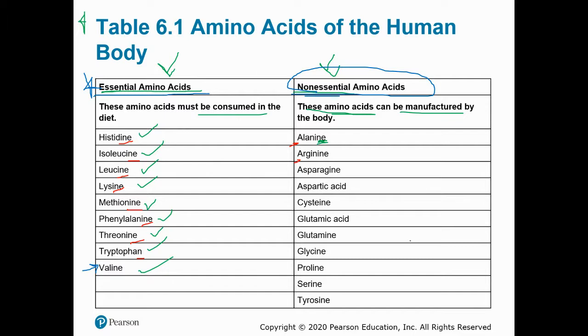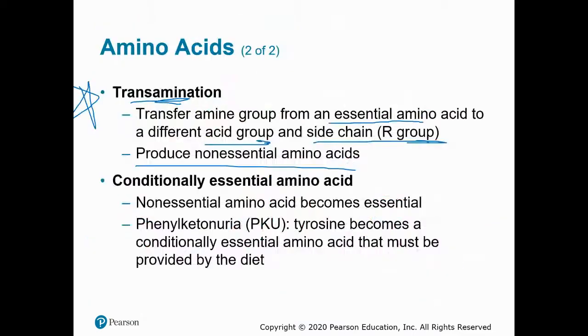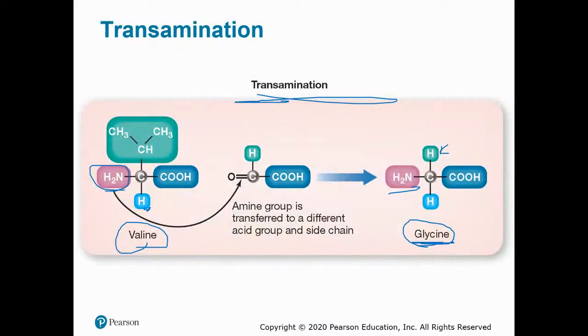Sometimes we can build them from other non-essential amino acids, but oftentimes we'll start with an essential amino acid, and then we transaminate, we move the amine group. I will test you on this word transamination. Again, you don't have to memorize it because it already tells you what it is. It's transferring the amine group to build our non-essential amino acids.